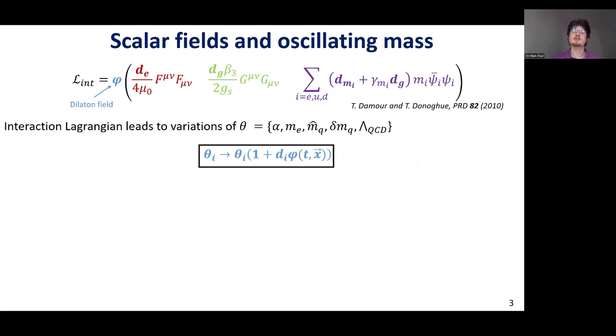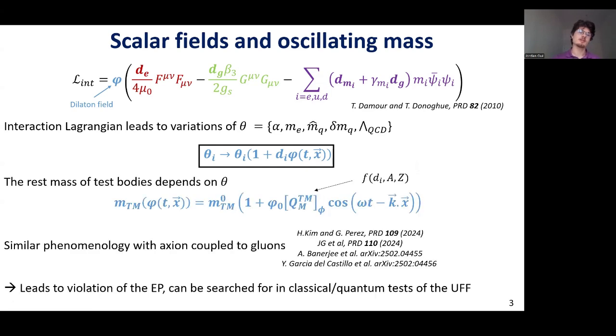Now, these parameters depend on the scalar field. And since the scalar field, of course, evolves with space and time, these parameters are not constant anymore, but they evolve with the field. Now, the thing is that the rest mass of test bodies depends on those parameters, and so it will oscillate in the same way.